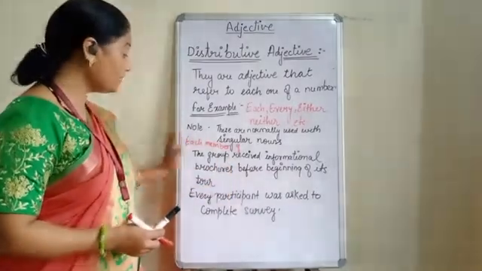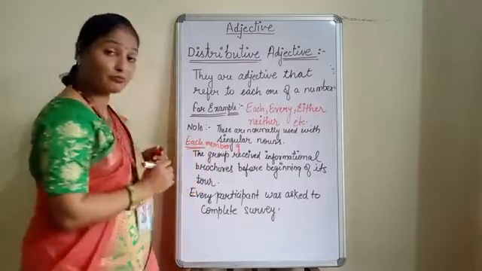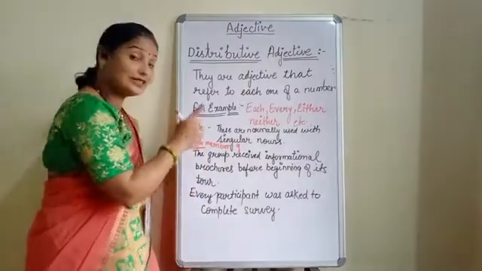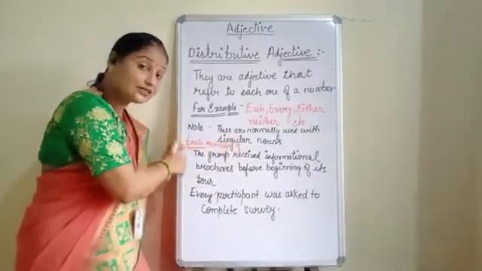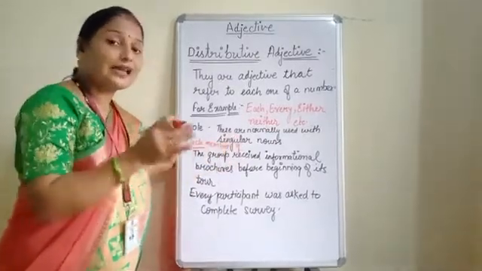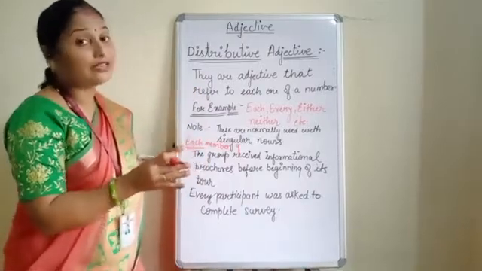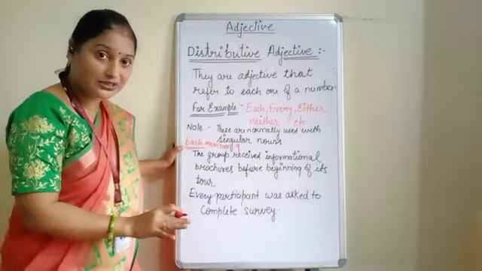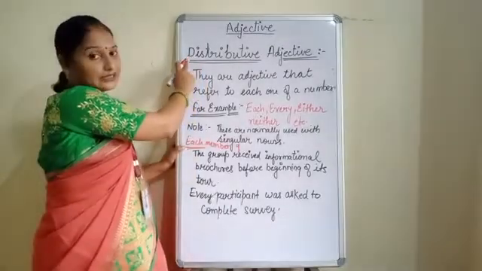So this will be your distributive adjective, because after reading the sentence including this, we will see that each and every member of the group has already received some information. So this is called a distributive adjective.